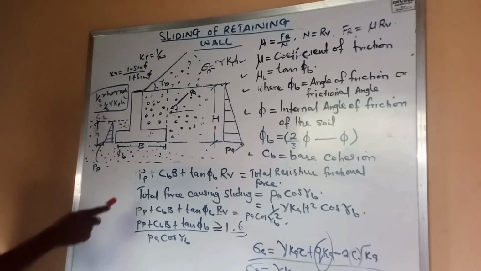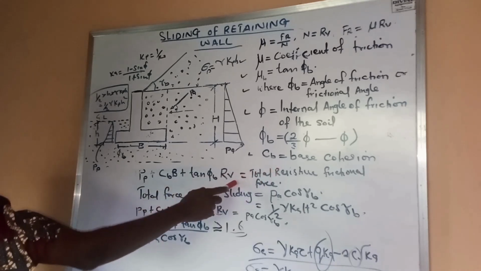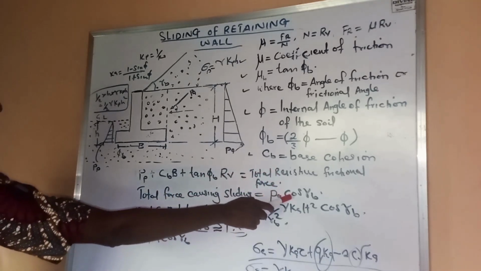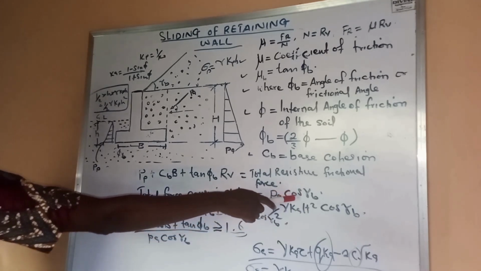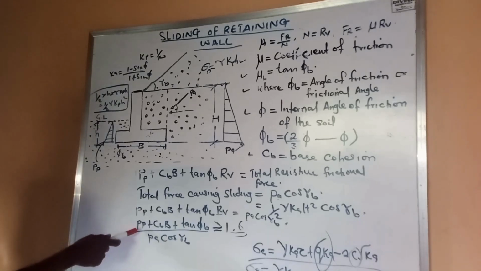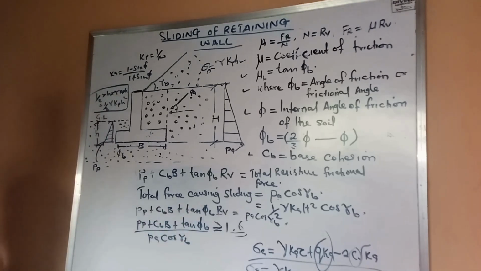So we can say that the total frictional resistive force, which is this, is equal to the total force causing sliding, which is PA cos alpha B. All right. Now, if we do that mathematically, we can say that the total resistive frictional force divided by the total force causing sliding is equal to 1. All right. So that 1, that is under equilibrium.